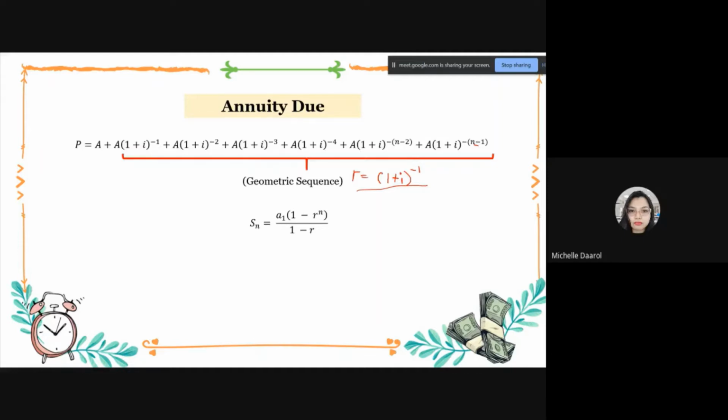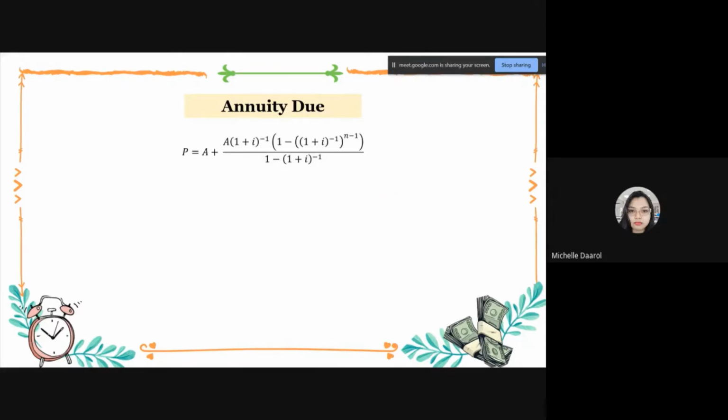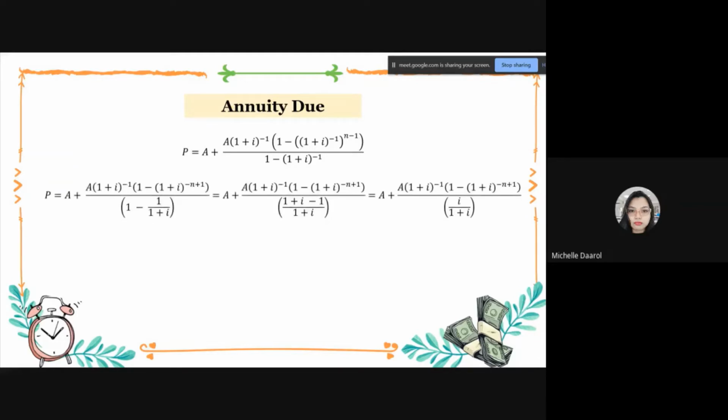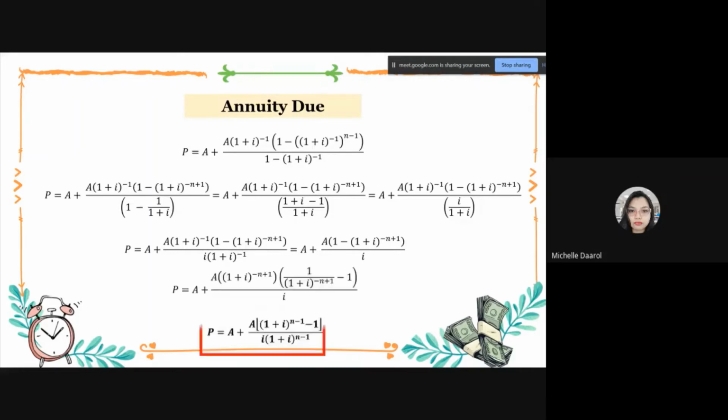Following the pattern, we substitute, and if we simplify, it is just algebra, guys. Therefore, we will have this final formula. This comes from the geometric sequence.